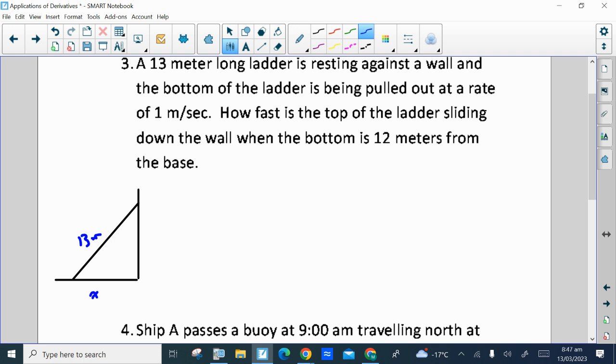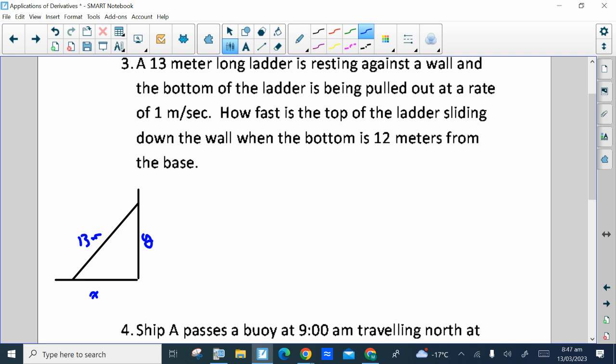And as that happens, the height of this triangle is decreasing, because the height is the distance from the ground up to the top of the ladder. So as the bottom of the ladder is being pulled away, the distance to the top of the ladder is going to be changing. So let's say that we have those sides labeled as such.